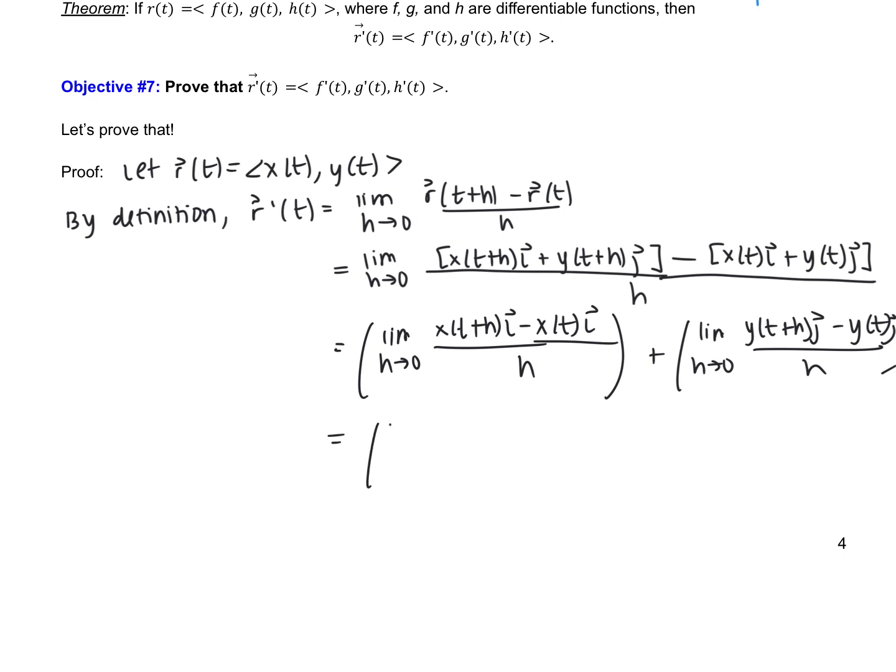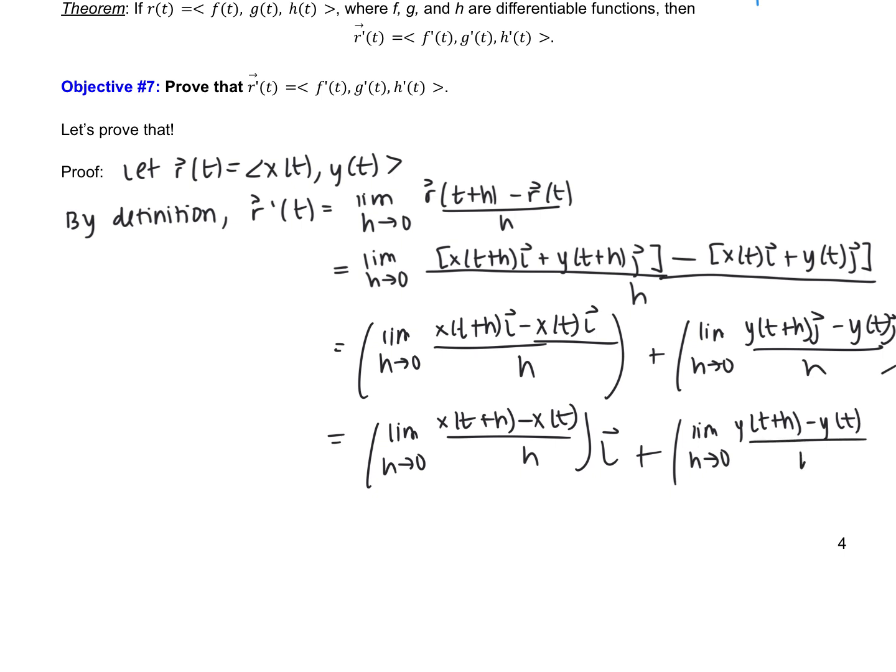And that is the limit as h approaches 0 of x of t plus h, subtract x of t, over h, all of that i, plus the limit as h approaches 0 of y of t plus h, subtract y of t, all over h, j, which gives us then x prime of t i plus y prime of t j.